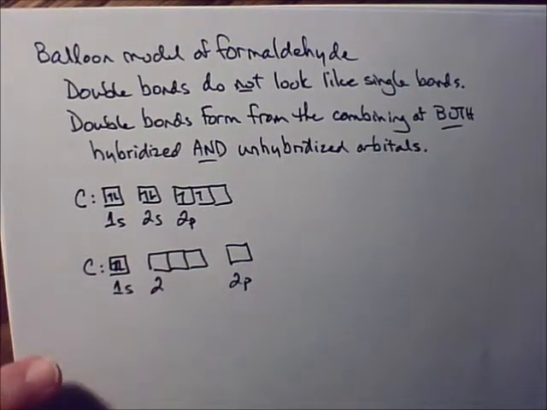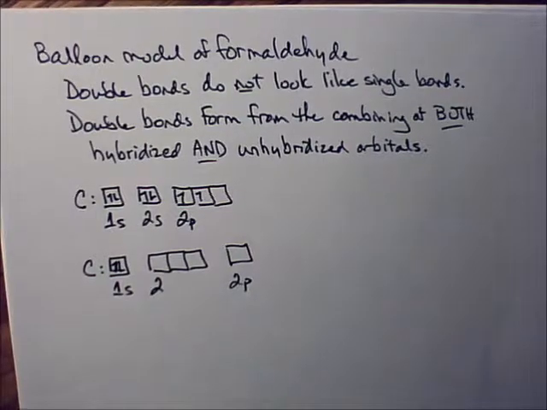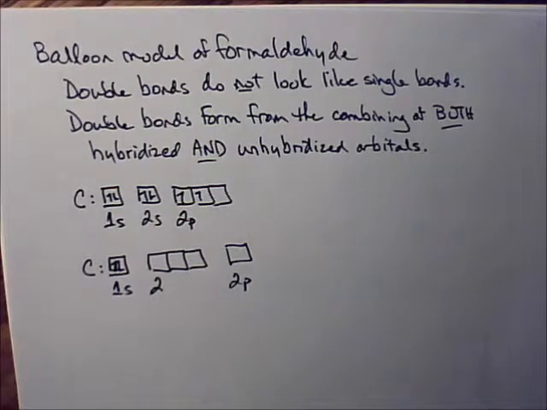What did we call the new orbitals when we hybridized the S and all three of the P's? sp3. We wrote it on our methane molecule, and we did it this morning again when we did ammonia.